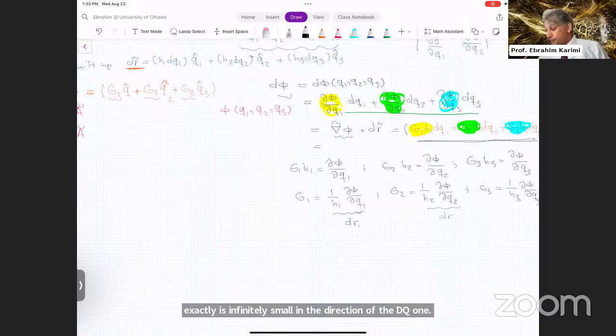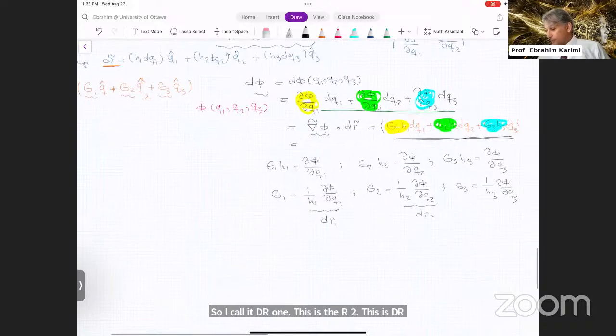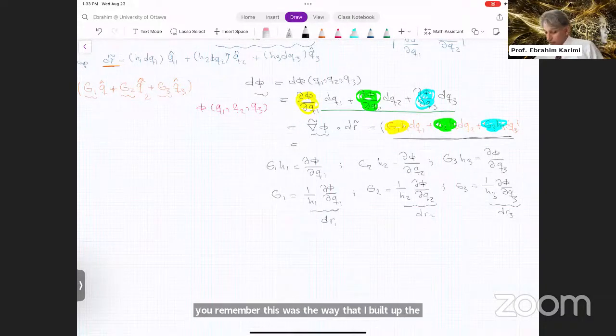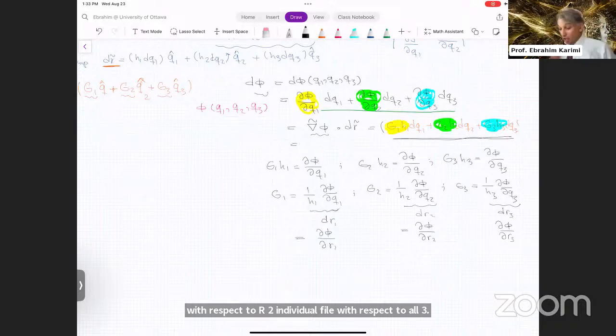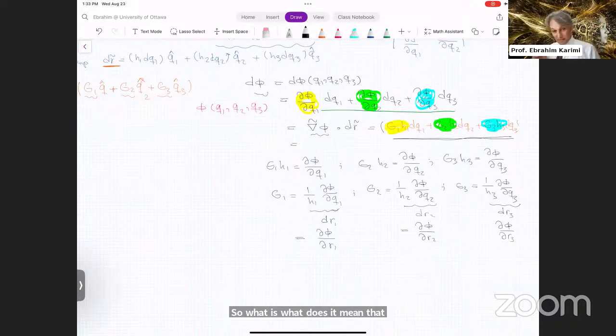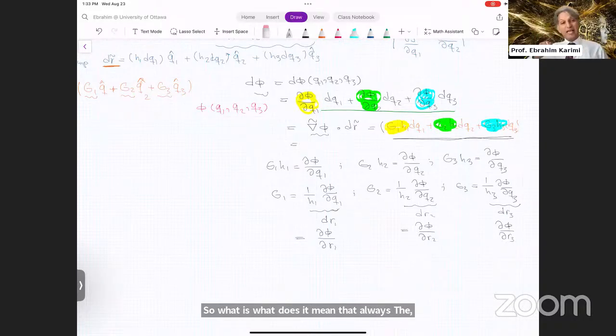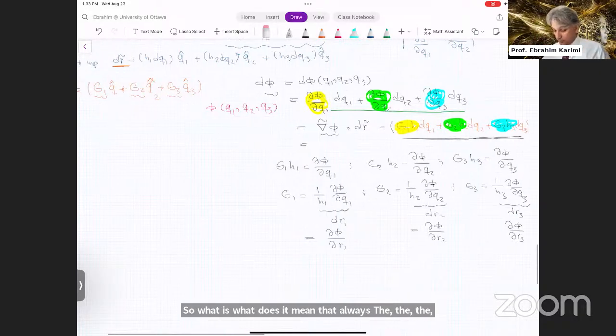This is dR2, this is dR3. If you remember, this was the way that I built up the volume and the surface. So indeed, that is the derivative of phi with respect to R1, R2, and R3. So it means that the unit of the gradient is always 1 divided by length, and that's really an important factor.